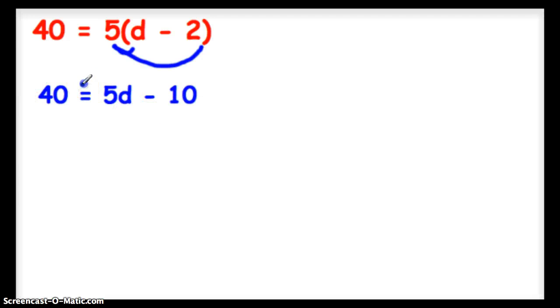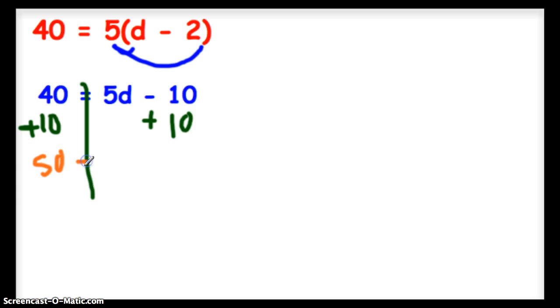From here, we can then add 10 to each side, just like we do in our other two-step problems. 40 plus 10 is 50.